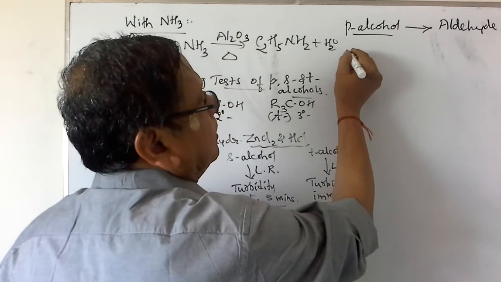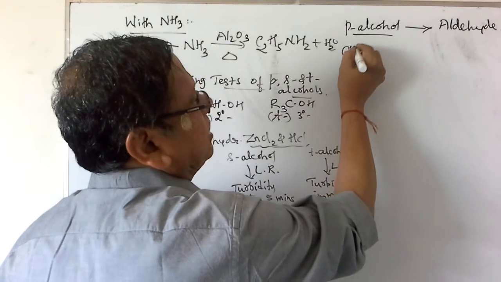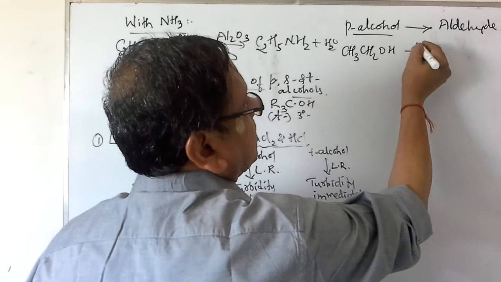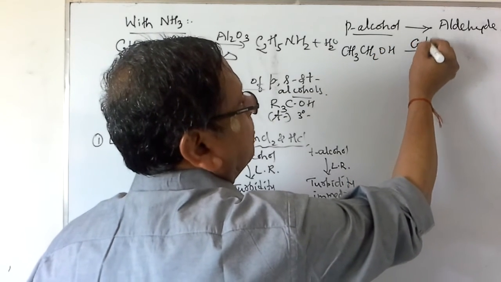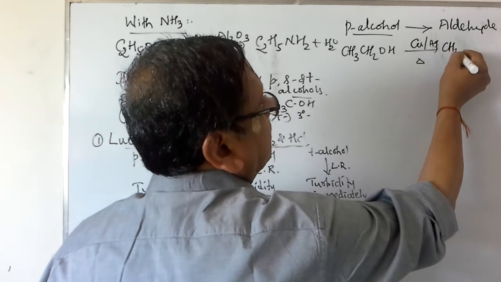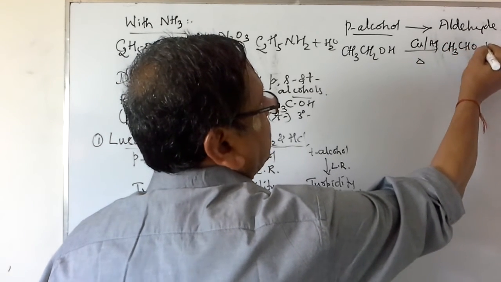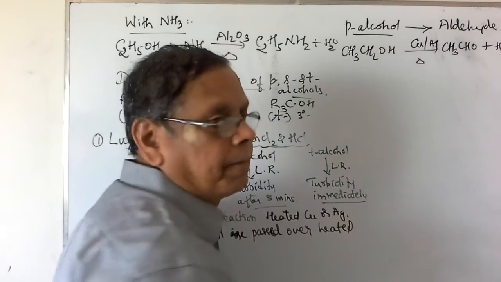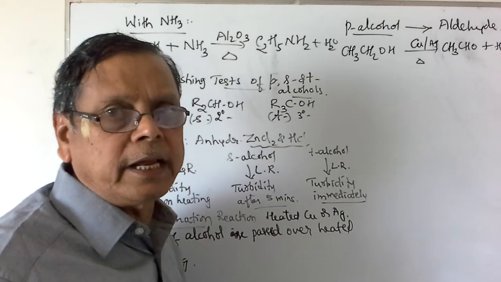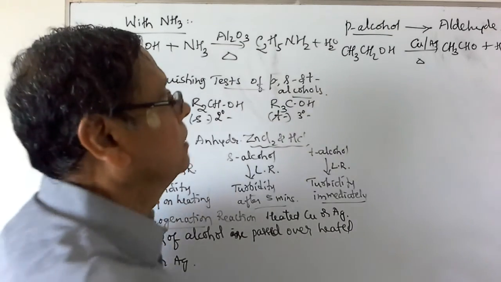For example, if you take CH3CH2OH, on dehydrogenation by passing over heated copper or silver, it gives rise to CH3CHO with the liberation of hydrogen gas. Aldehydes can be detected by using various reagents like Tollens reagent, Fehling's solution, etc.